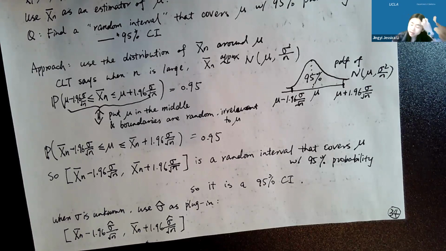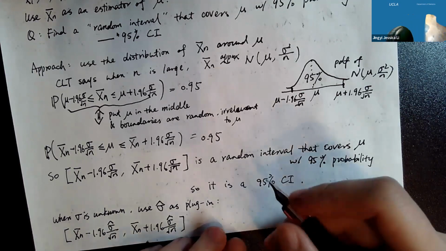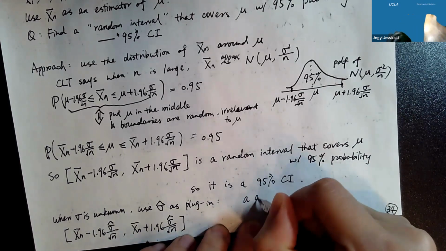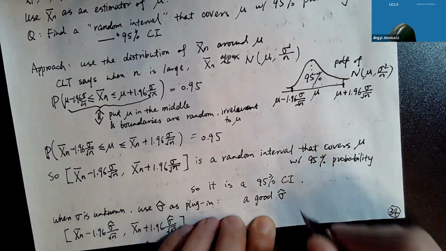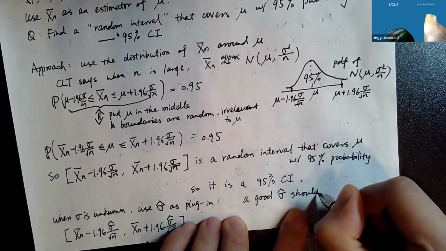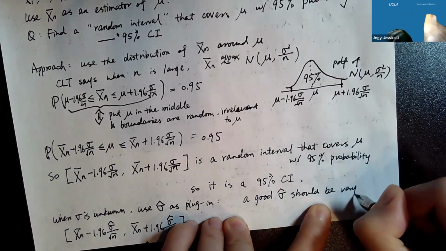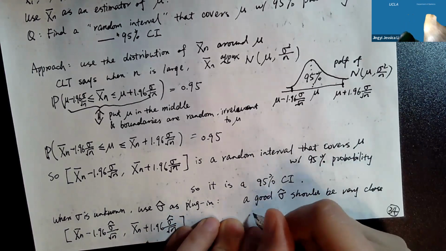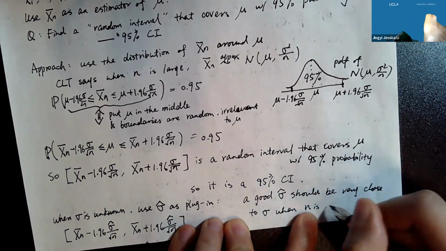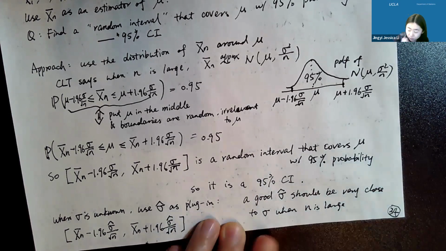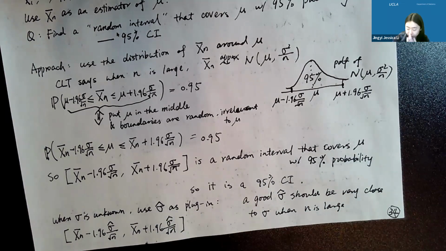And for that, we didn't actually talk too much about it, but I can briefly say that a good sigma hat should be very close to sigma when n is large. So when you have a large sample size, then sigma hat is very close to sigma. So you can safely use it in place of sigma.